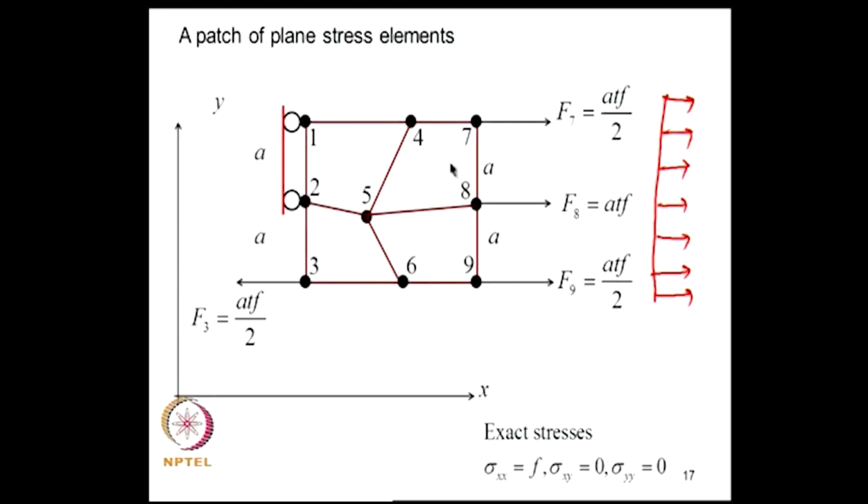You can verify that under this state of loading and the way it is supported, this patch would have a constant value of stress sigma xx equal to f, where f is the magnitude of this constant value, and sigma xy and sigma yy must be equal to 0. So, suppose you have developed these elements, you can analyze and find out whether these conditions are met or not.